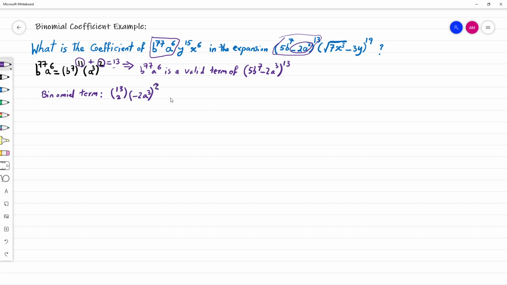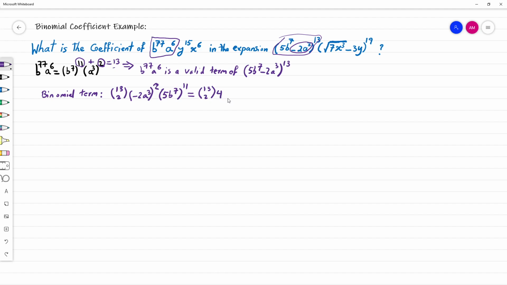And then we are getting the rest of the 11 parentheses giving us 5b to the power 7, the first component, to the power 11. As a result of this, we're going to get 13 choose 2. We have minus 2 to the power 2 coming out, so you have times 4.